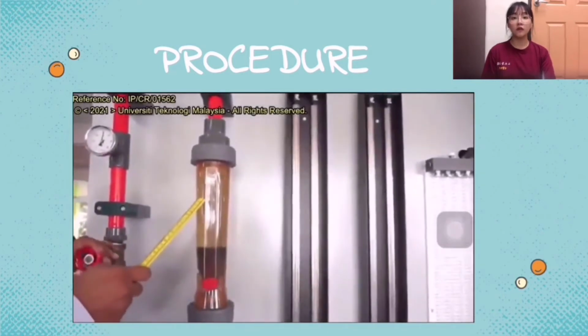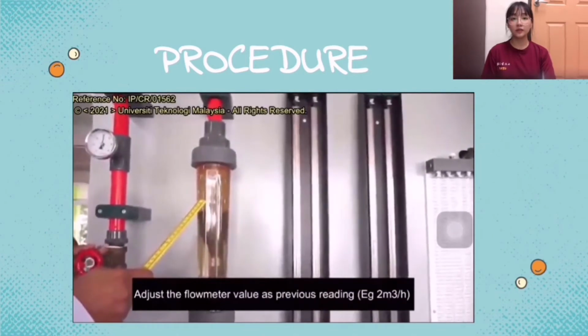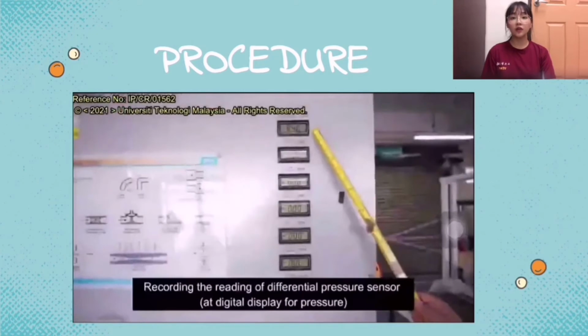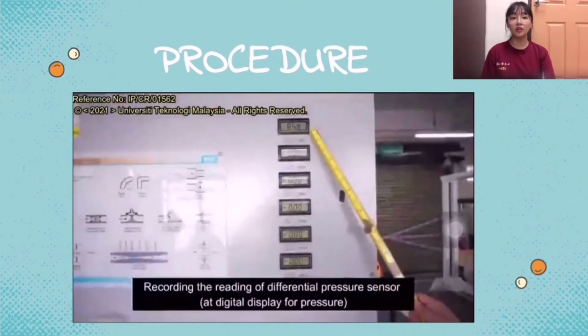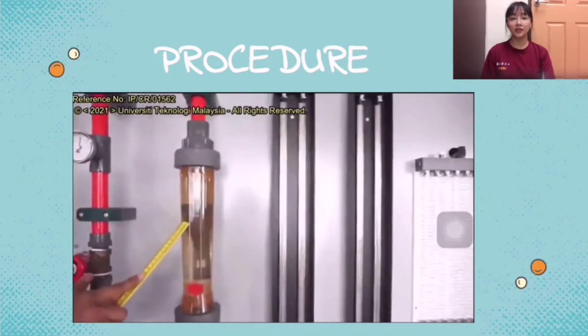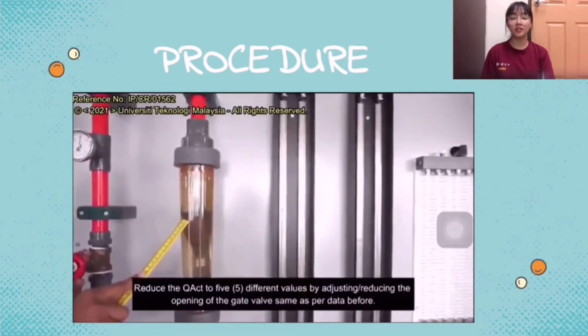Adjust the value of the flow meter to the previous reading. Record the reading of the differential pressure sensor, which is at the digital display of pressure. Next, reduce the reading of the rotameter to 5 different values by adjusting the opening of the gate valve, same as before.